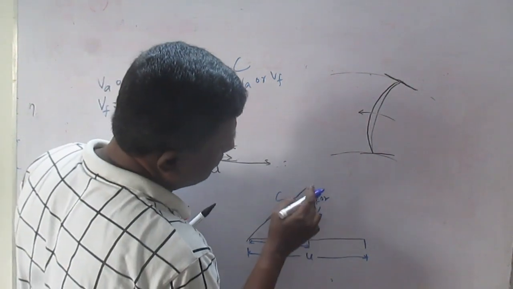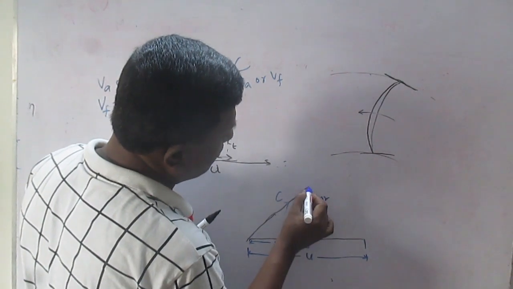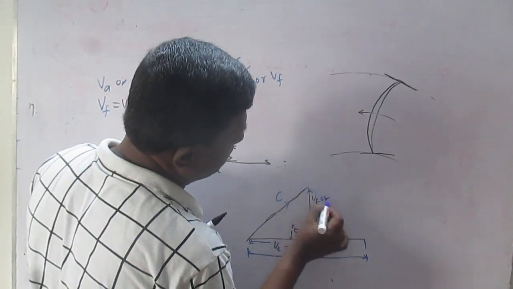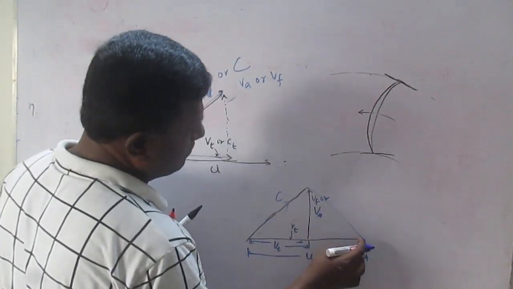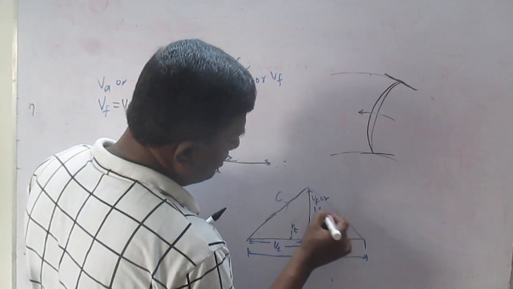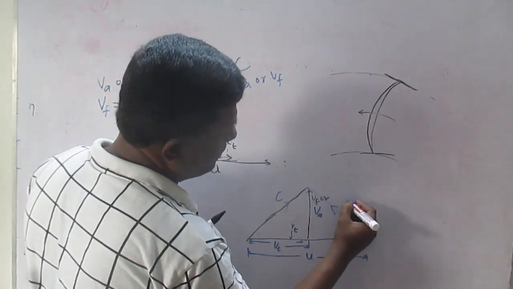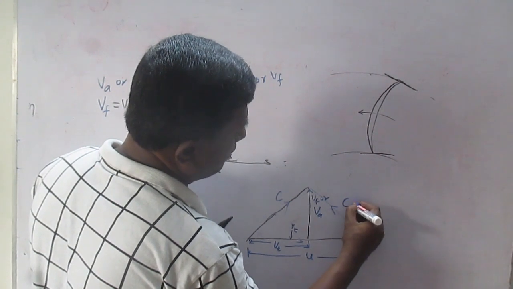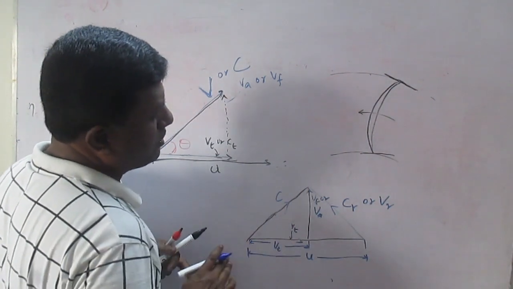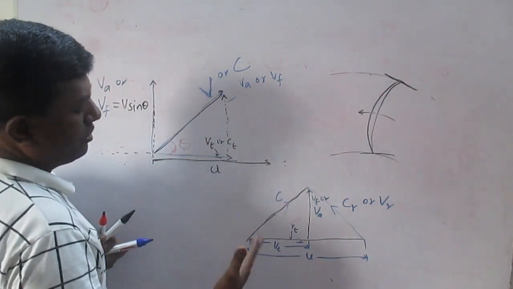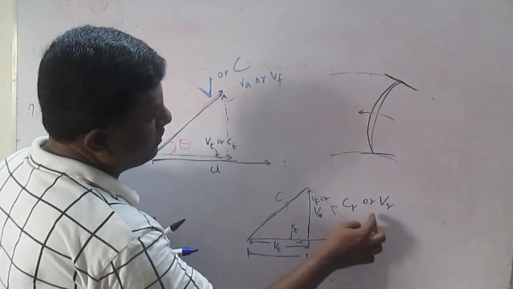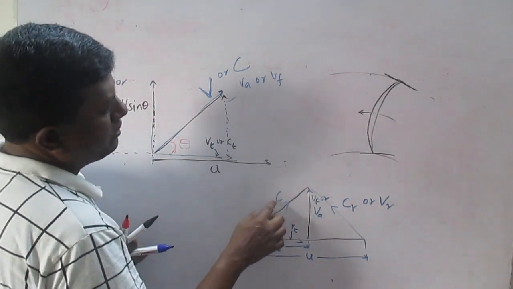Now we are joining these two. The absolute velocity component C we are joining with this point. Whatever new component arises because of joining, this component only we call CR or VR, the relative velocity. What we need to understand is that this relative velocity will be there whenever there is an absolute velocity.